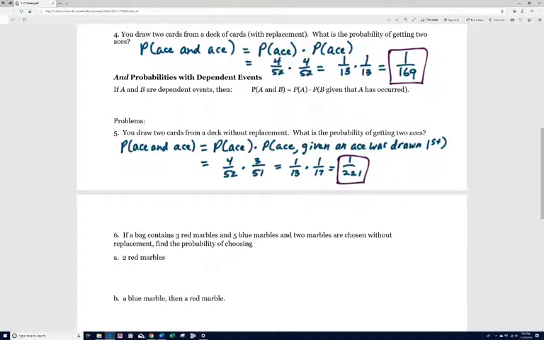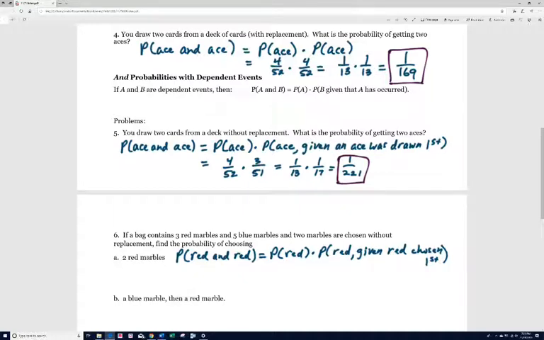Not to mention, if you choose a red the first time, that means there's fewer red marbles to choose from the second time. So it's still the probability of red and red, with dependent events, which is equal to the probability of getting a red times the probability of getting a red given that you've already chosen a red on the first draw.